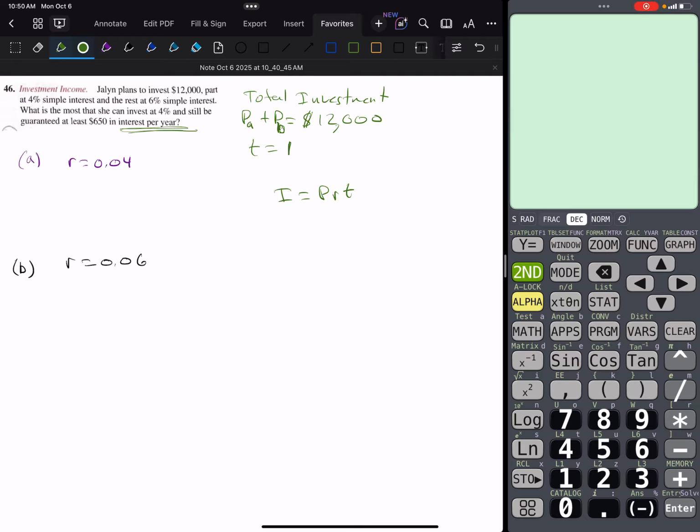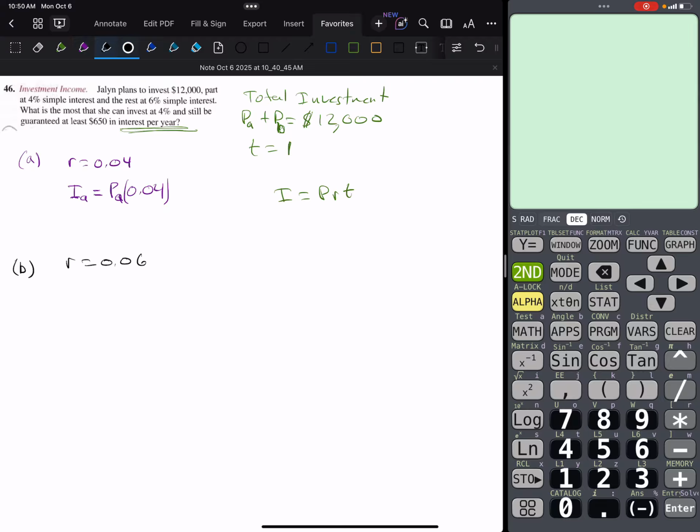So for the investment A, my interest A, the interest earned in this investment, is going to be the principal from part A times my rate from part A, but that's 0.04, so I don't need to put in an unknown there. And then my time was 1 year, so I'm just going to leave it alone because multiplying by 1 is the multiplicative identity. It doesn't change anything, so I don't need to write times 1.